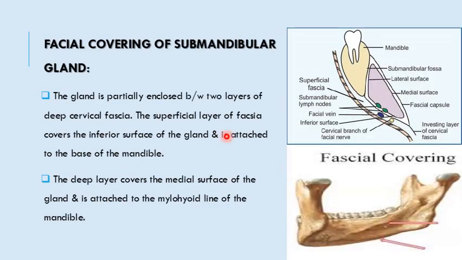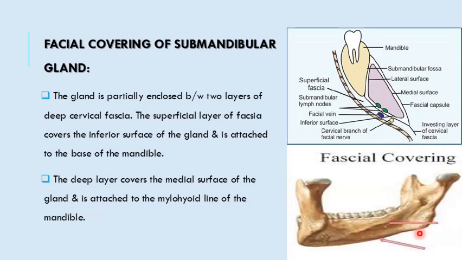Now the fascial covering of the submandibular gland. The gland is partially enclosed between two layers of deep cervical fascia. When we discussed the deep cervical fascia, we discussed that investing layer of deep cervical fascia splits into a superficial and a deep layer.